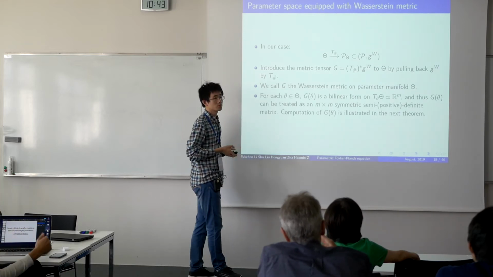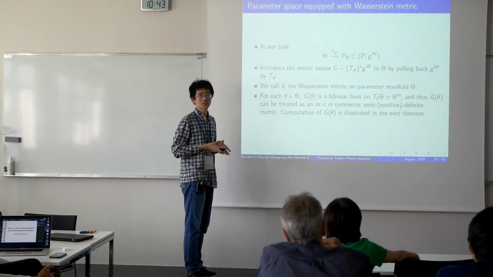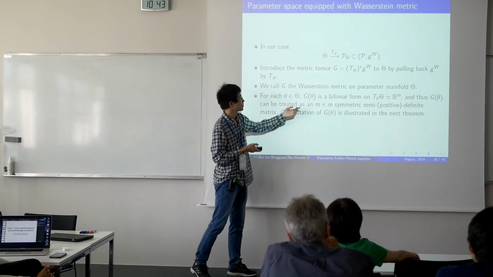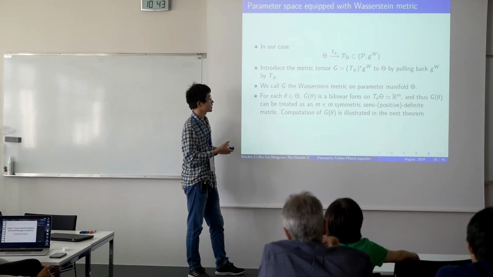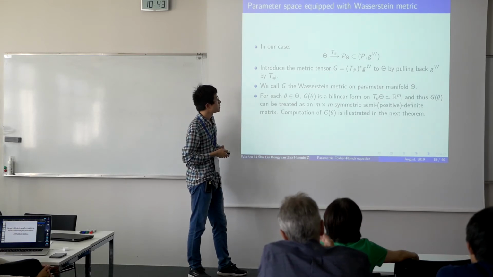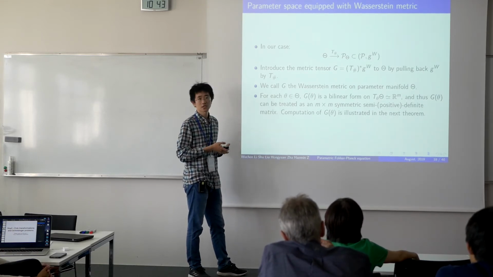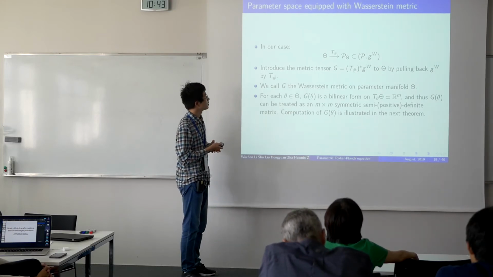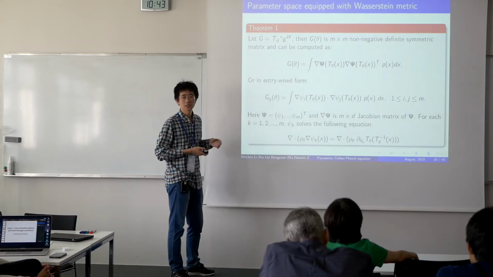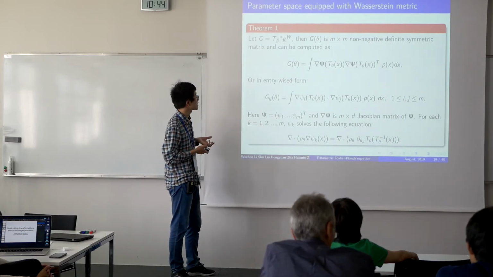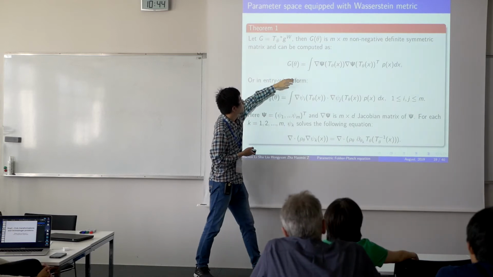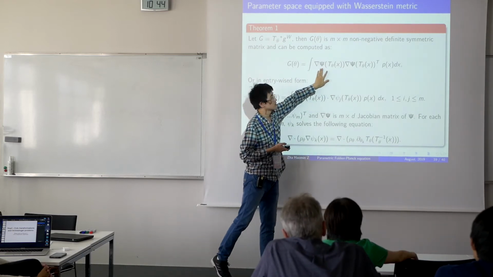So if you assume that our parameter space is an open set in R^m, you can show that g theta is actually a bilinear form on the tangent space, which is also R^m. And thus, g theta is actually an m by m positive definite matrix. And the following theorem shows how to compute g theta exactly. This is the formula for g theta. The main ingredient is this psi function.